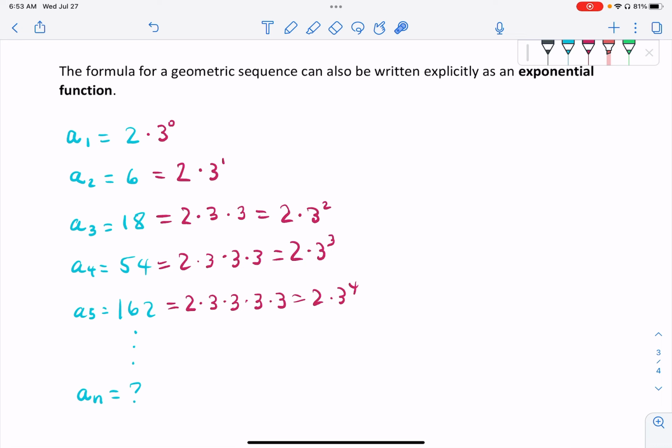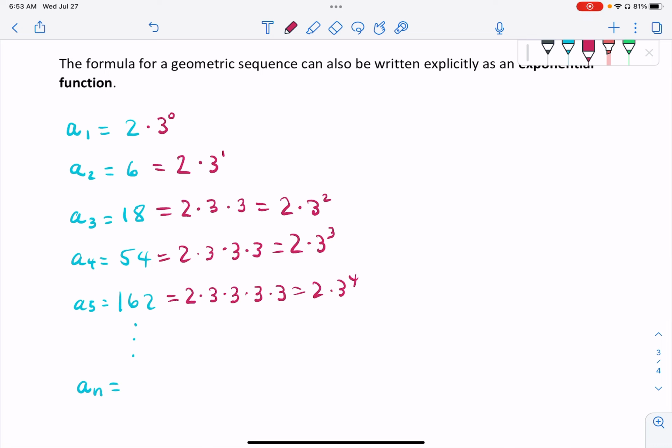Okay, so now let's say I wanted to write myself an explicit formula for the nth term here. Then what I could see is that I've got the 2. 2 is always present as my first term. And then I'm going to multiply that times my common ratio, which is 3. And then I just have to figure out what the exponent is supposed to be.